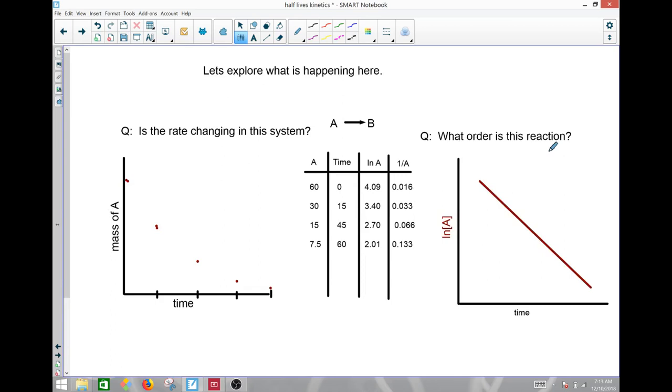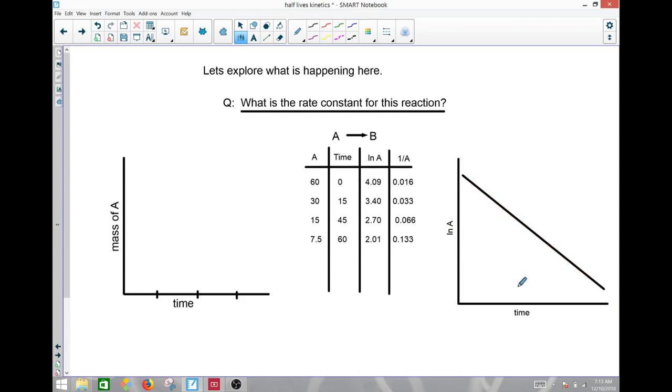Okay. So again, here we have my data from the last problem, and this is the actual graph that matched up. So what is happening? What is the rate constant for the reaction? Again, as I mentioned, the slope of this graph is in fact the k value. So because it's first order, it follows the equation: natural log of the concentration equals negative kt plus the natural log of the concentration at time 0.